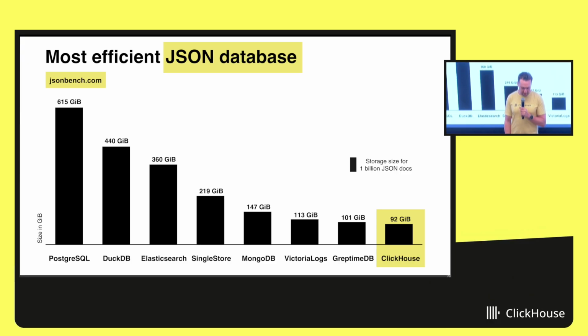And no database comes close. We can see the best contenders are Victoria Logs and GreptimeDB. They are specialized databases for logs, one written in Rust, another in Go. And ClickHouse is an analytical database, almost general purpose.